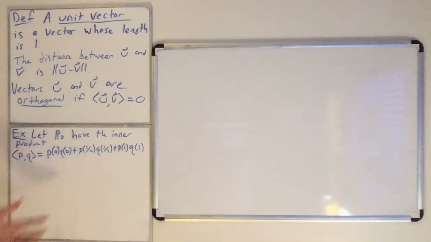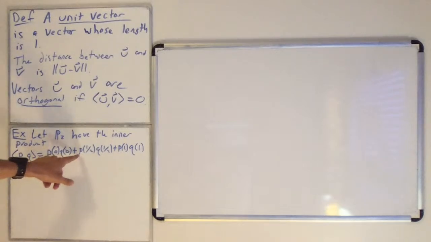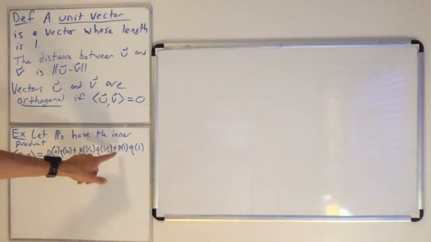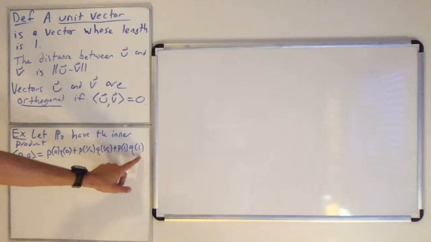So this is the one we looked at yesterday. P of 0 times Q of 0 plus P of 1/2 times Q of 1/2 plus P of 1 times Q of 1.